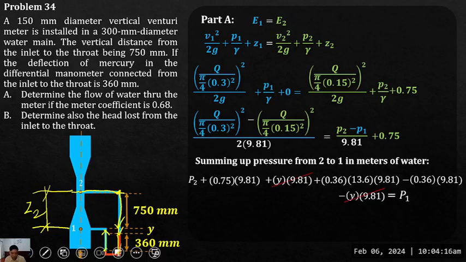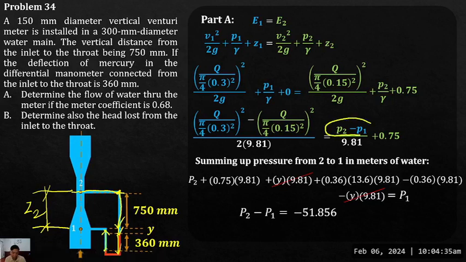So P2 minus P1, yung magiging sagot dyan is equal to negative 51.856. Yan yung magiging pressure difference natin. Substitute natin ulit doon sa P2 minus P1, doon sa naiwan nating equation dito.